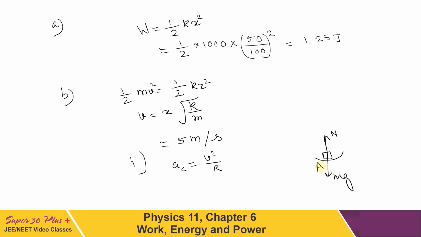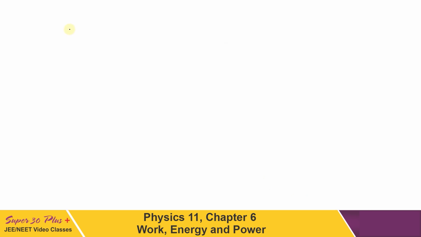I am writing for point A, and then we can write N minus mg equal to mv square by r. On substituting the values, this normal force will be equal to 2.25 Newton. This is the force exerted by the track when it reaches the point A. Now we have to solve the second part as well. For the second part, it is asking for what maximum angle it will curve before coming to rest.